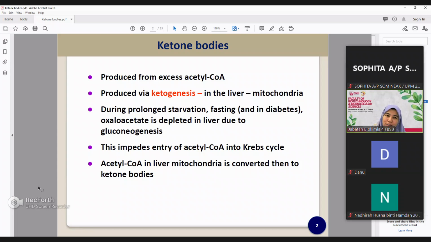Glycogen stores are ready-use energy, but they only can last for 24 hours. After that, ketone bodies are produced as an alternative energy source for the body. So that's how you can relate the importance of glycogen stores and the ketone bodies.